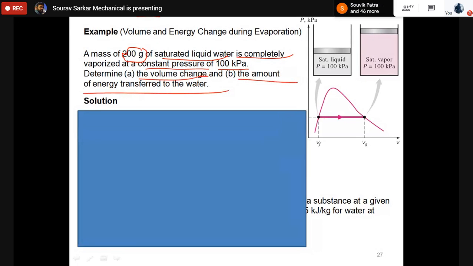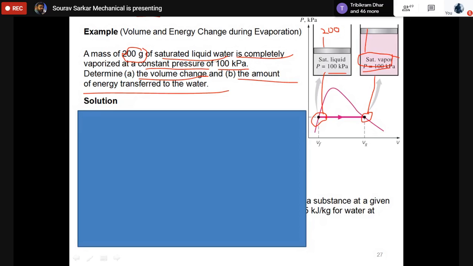So you are at this point. This point corresponds to 100 kPa and liquid, and the mass is 200. And this point corresponds to 100 kPa, but completely saturated vapor. But the mass remains the same.